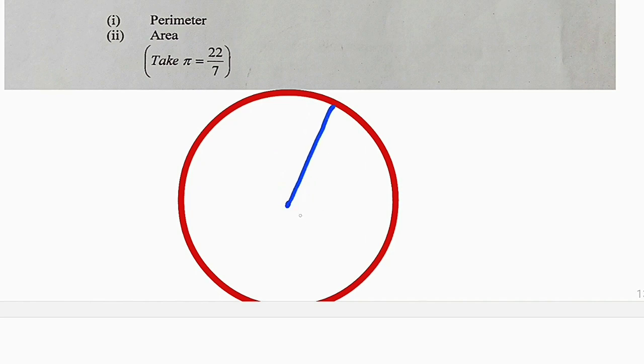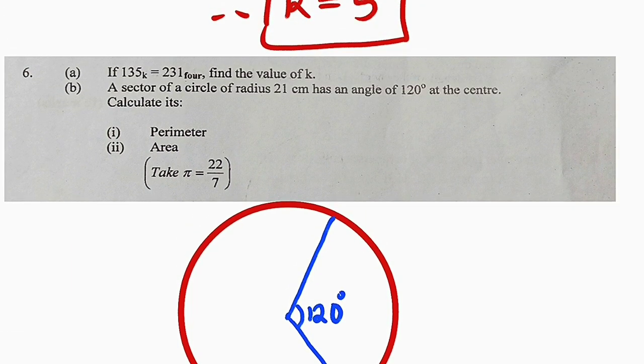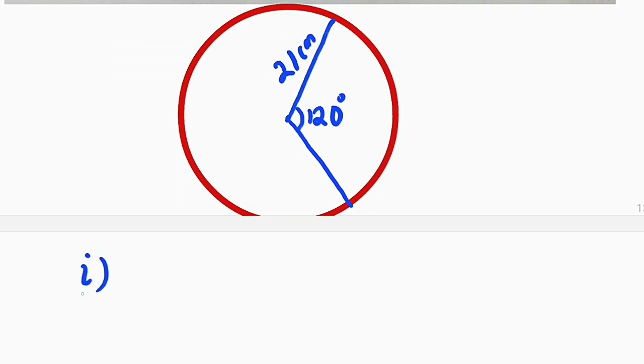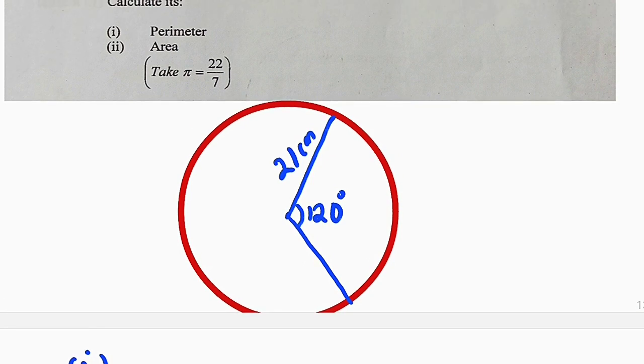Remember, if you have a circle like this, a sector is something like from the center, this is a radius, this is also a radius. So this portion here is a sector of the circle, and it subtends an angle of 120 degrees and the radius of 21 cm.